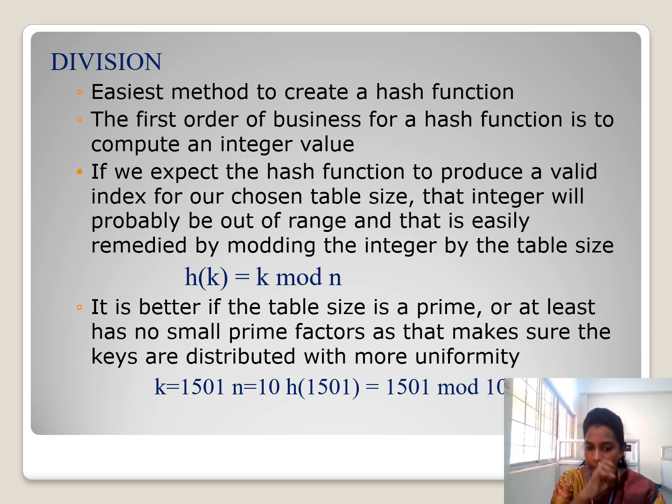Consider a table size of 10 and a key value of 0. Then h(0) = 0 mod 10, so obviously we will get the index value 0. So the key 0 has to be stored at index 0. Like this we perform the division method.